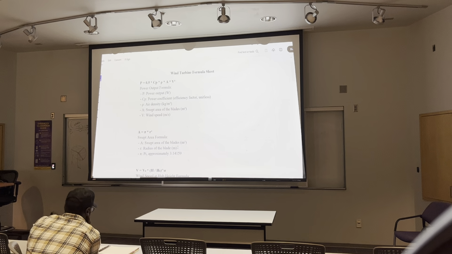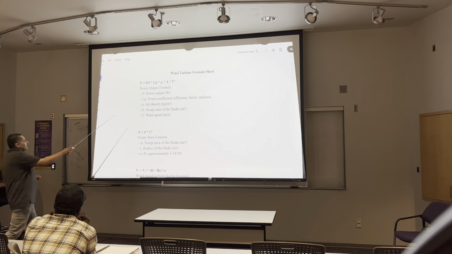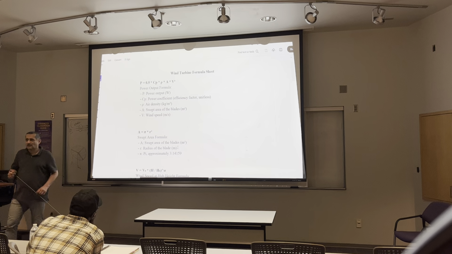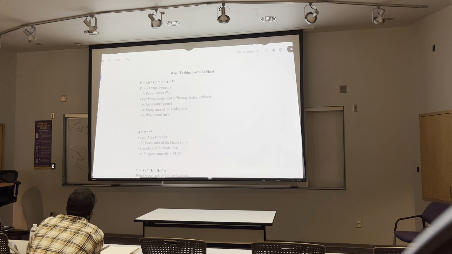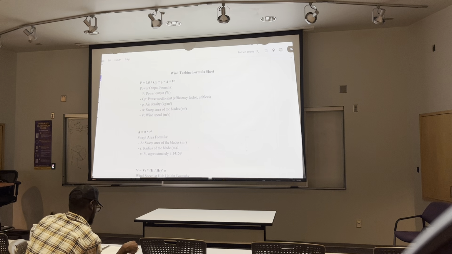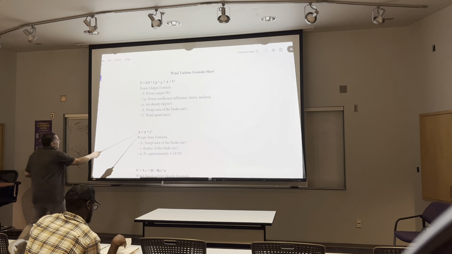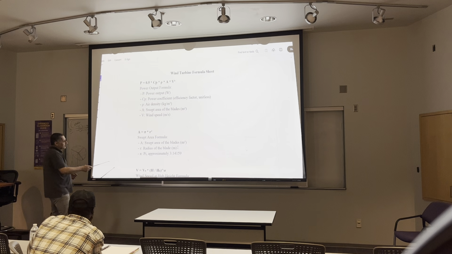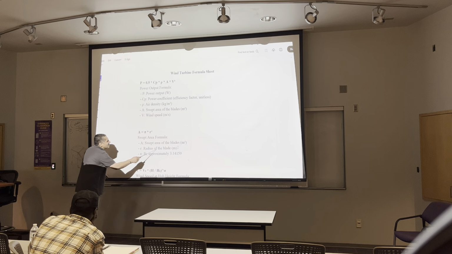Now, this area, Fahad said, is the area of a circle. Area of a circle is pi times r squared, where r is the radius, or the length of the blade.